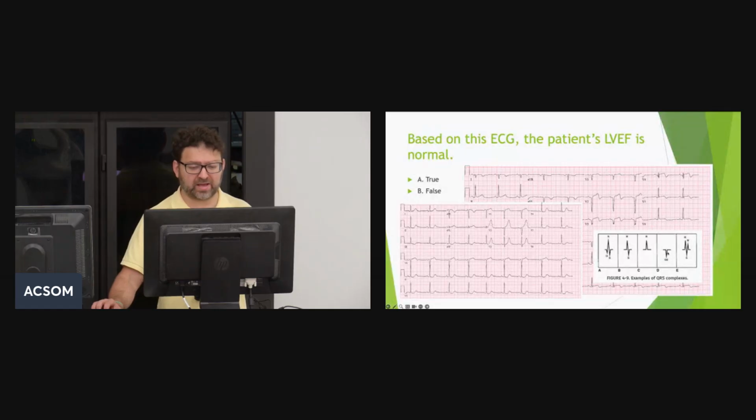This is a QS, and this is an RSR prime. This is what we're talking about. Downward deflection, Q wave. Look at these Q waves. There is no upward deflection here. Okay? Normal is an RS pattern. A QS pattern is very abnormal.